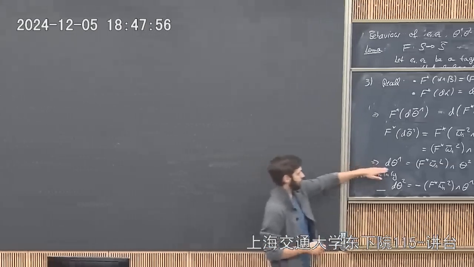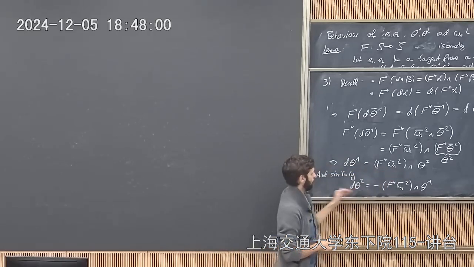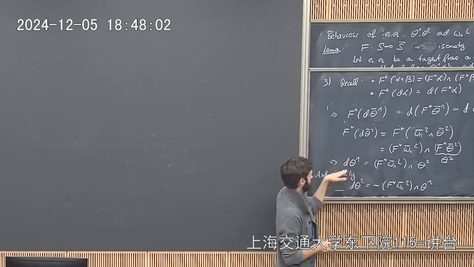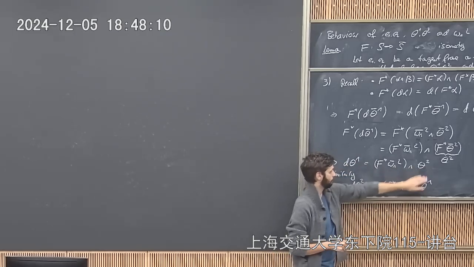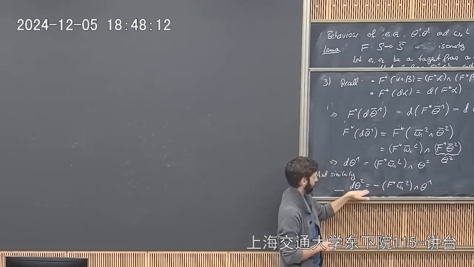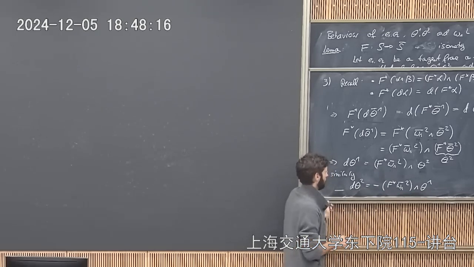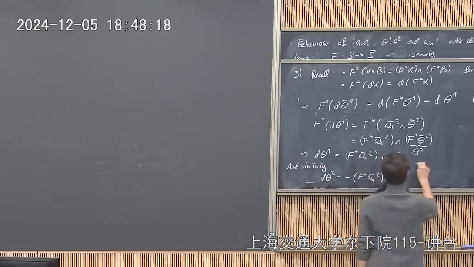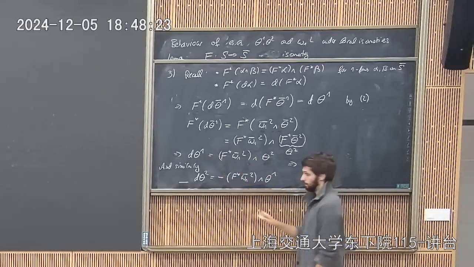But we had before that these equations are unique: if you have a one form alpha that satisfies d theta 1 equals alpha wedge theta 2, and similarly d theta 2 equals minus alpha wedge theta 1, then you can conclude that this one form is equal to the connection form.